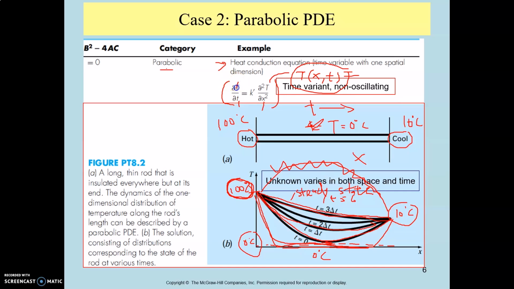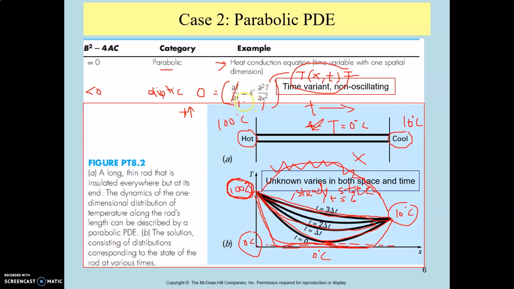This means that as ∂T/∂t here, when t is high, approximately infinity, then this will be equal to 0. So this will change to the first case, which is the elliptic problem.